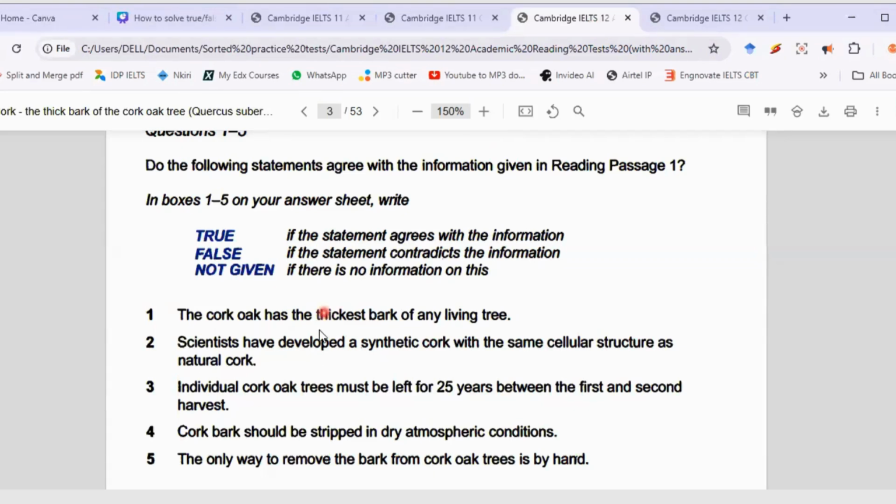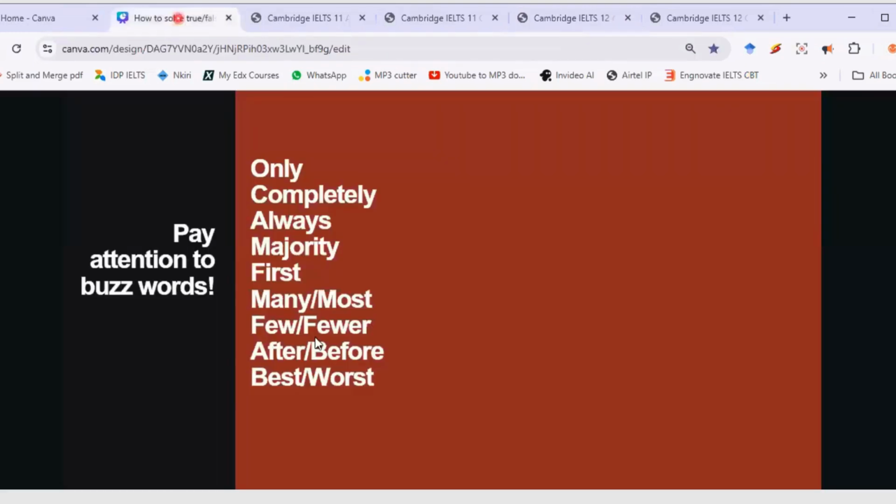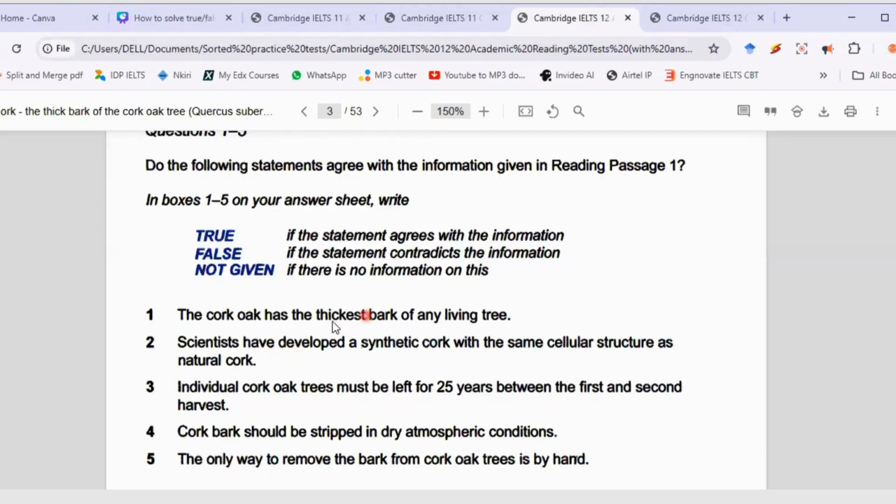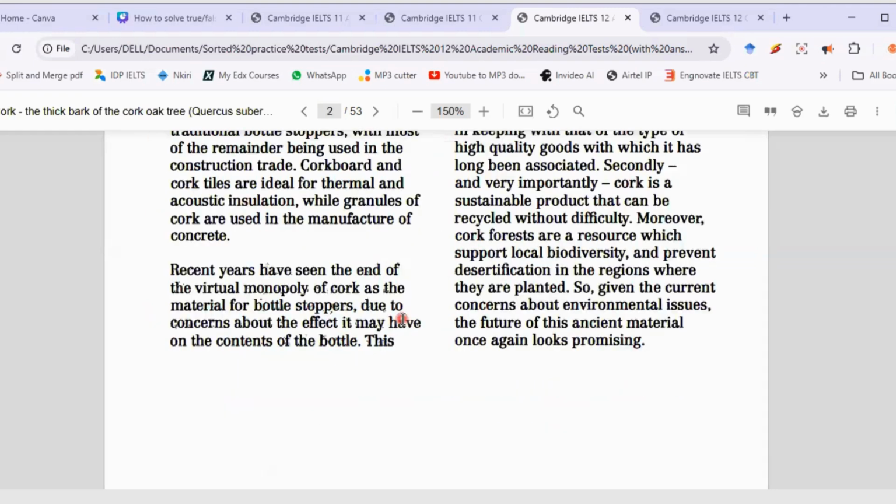So we need to check. It's just like saying most beautiful, most attractive, most intelligent. This word most is a comparative word. Anytime you see it, pay close attention. Some students end up picking something else instead of the correct answer just because of this word. Now, let's go and check the passage. Look at the passage now.